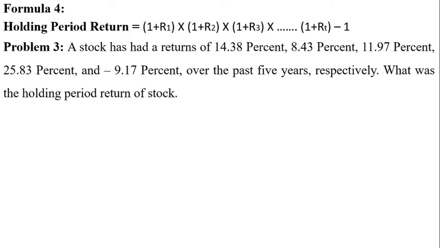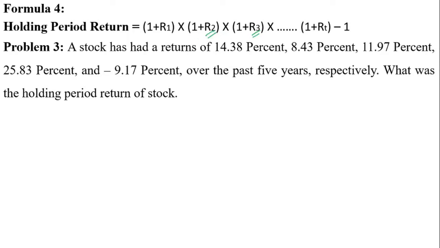What we need to do is understand the notations of this formula. Here R1, R2, R3 and RT represent returns for the different years. R1 is the return for the first year, R2 for the second year and R3 for the third year, like that.